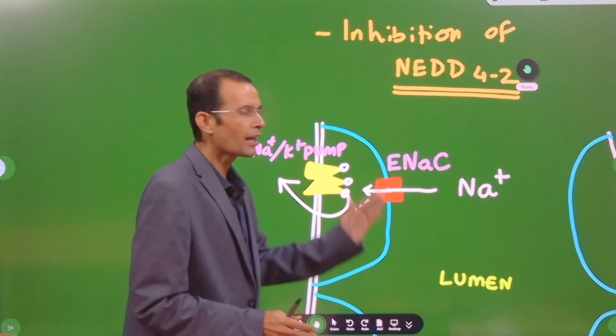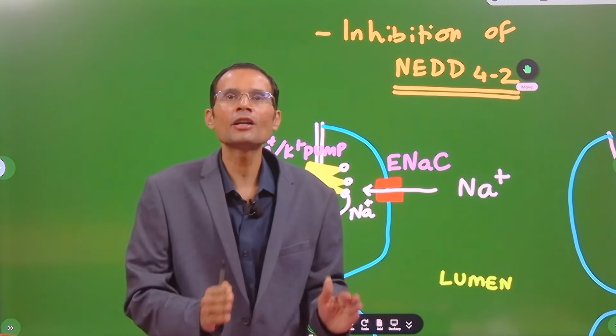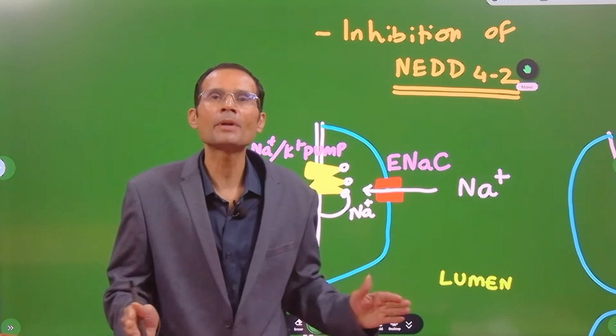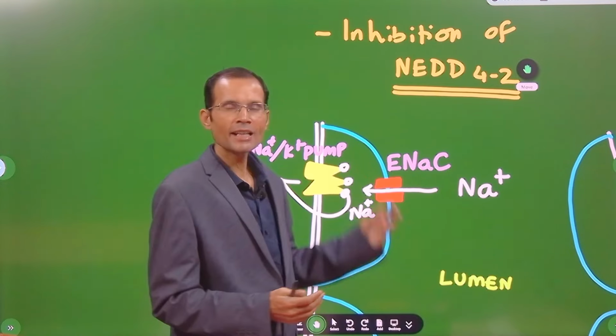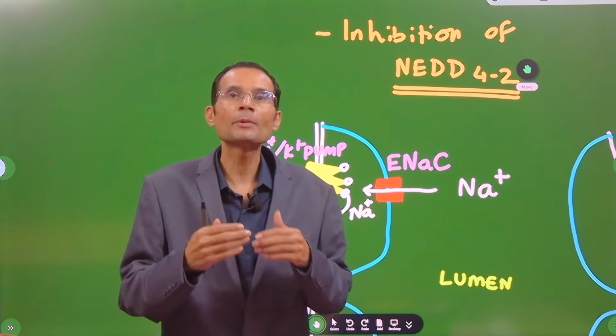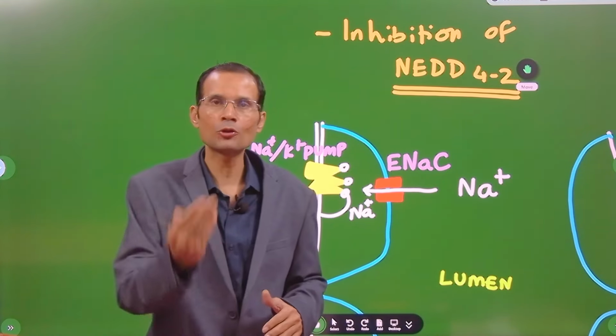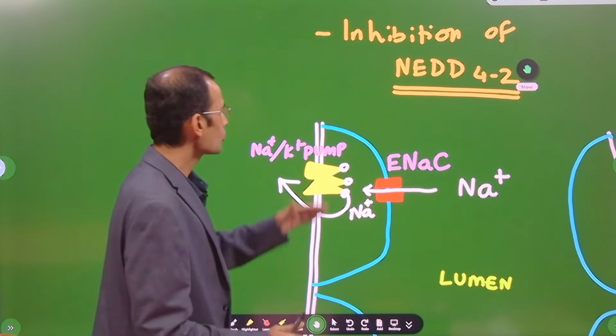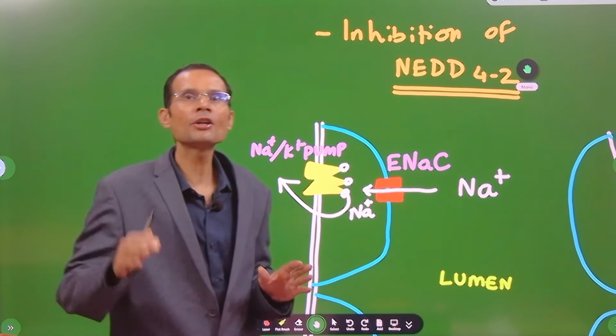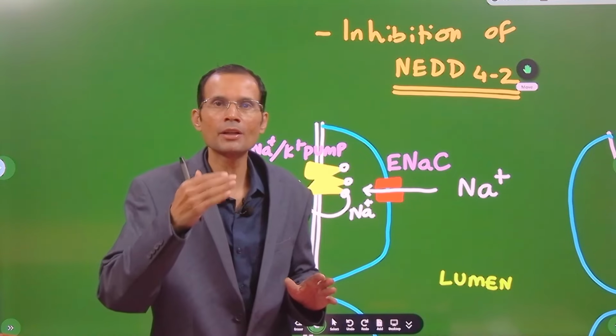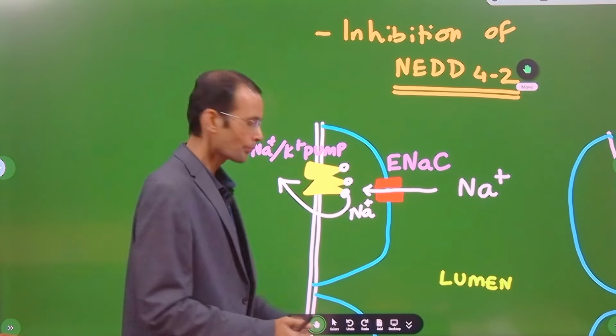So ENaC will stay for a longer duration in the membrane, which means the number of ENaC proteins will be higher at this moment as the aldosterone begins to act. Okay, so ENaCs staying for longer duration and therefore their number temporarily higher in the membrane.